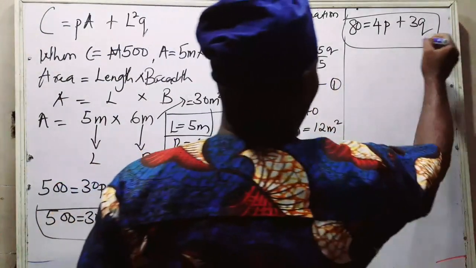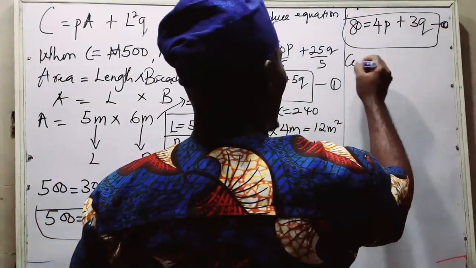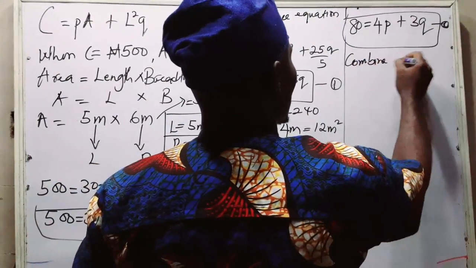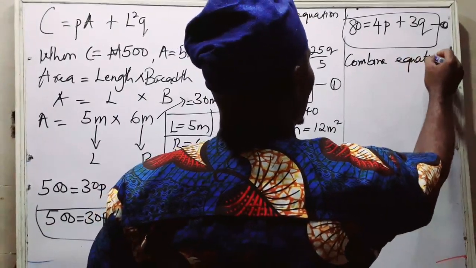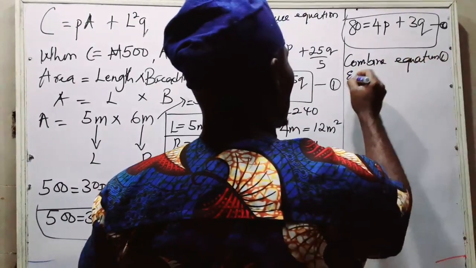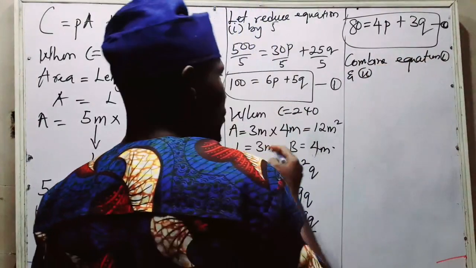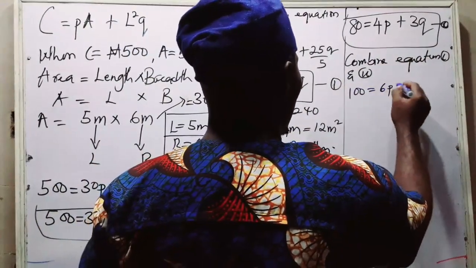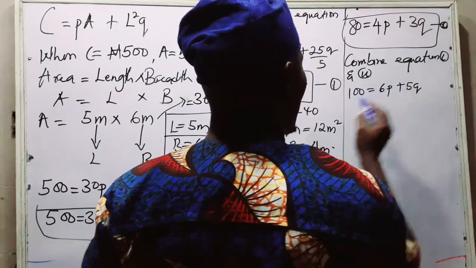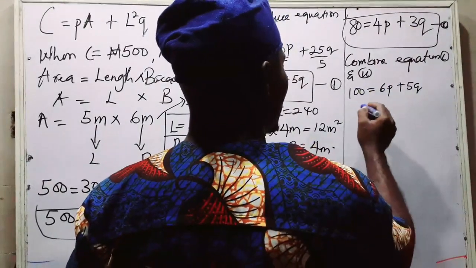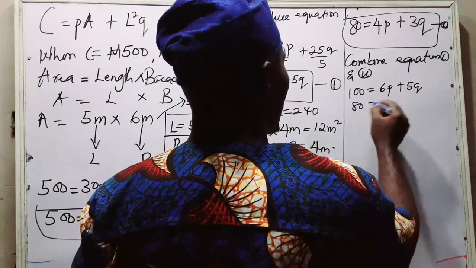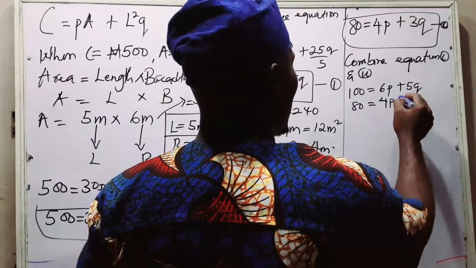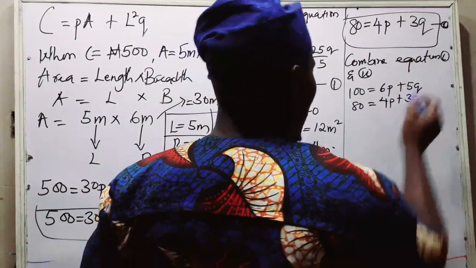Let's call this one 1 and this one 2. Combining equations 1 and 2, we have 100 is equal to 6p plus 5q, and here we have 80 is equal to 4p plus 3q.